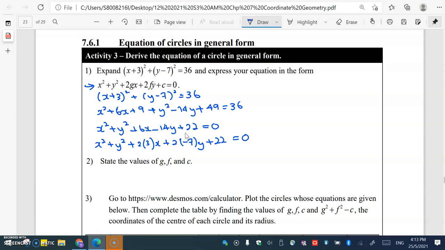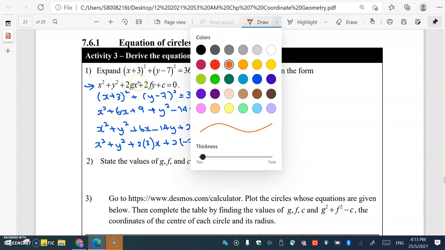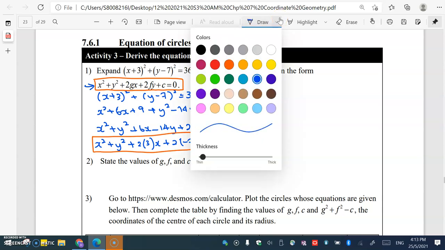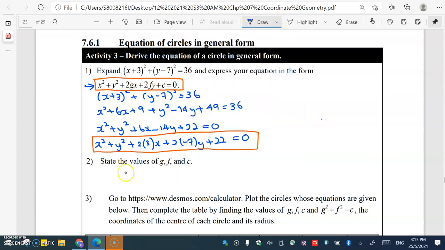If I write this in a mirror of this format here and compare these two, I will notice that my g is equal to 3, my f is equal to negative 7, and my c in this case is equal to 22.